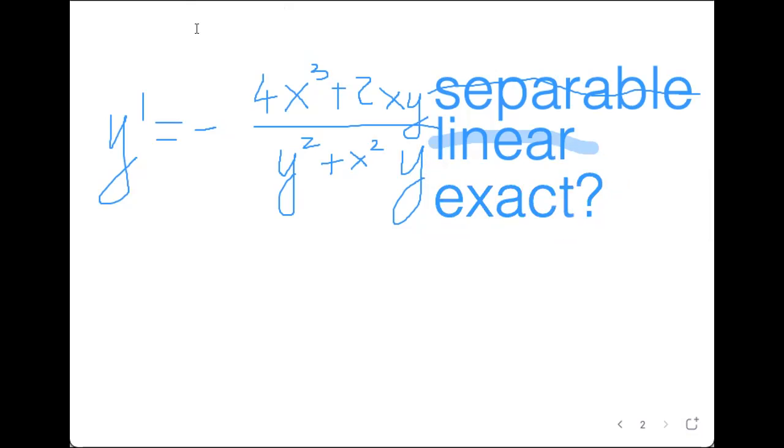All right. So now let's test for exactness. So this equation as written is clearly not exact. In order to make it exact, it's much more reasonable to multiply by the denominator of the fraction and then test whether it's exact or not. But let's test whether the equation is exact as written.